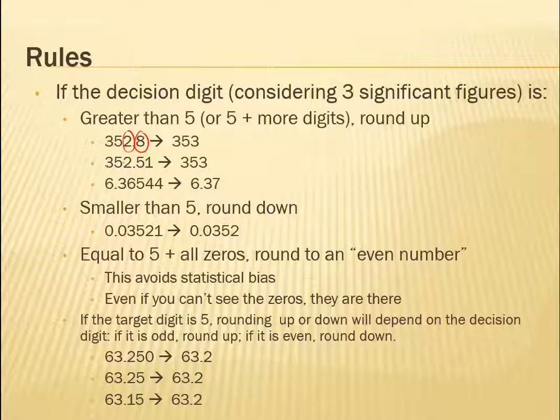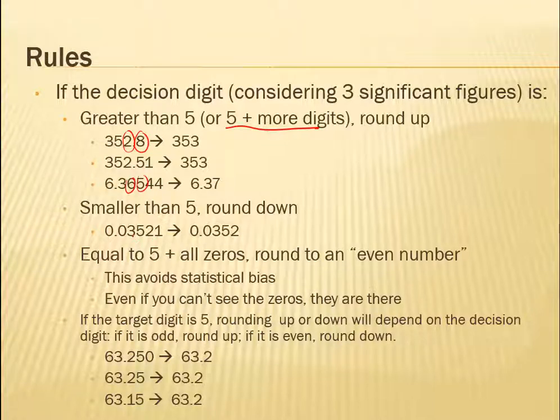Here, 352.51. Well, 5, it's not greater than 5, but it is 5 with more digits. So 51 means I'm going to go up. And this one, you see, this one's my target. This is my decision. 6.37. Great. If it's smaller than 5, round down, pretty straightforward.